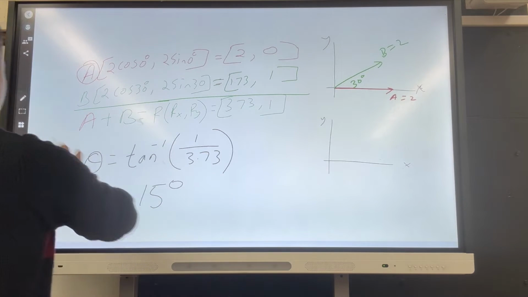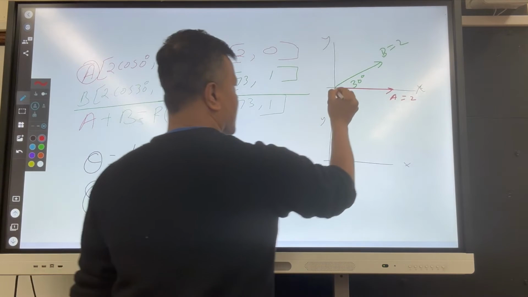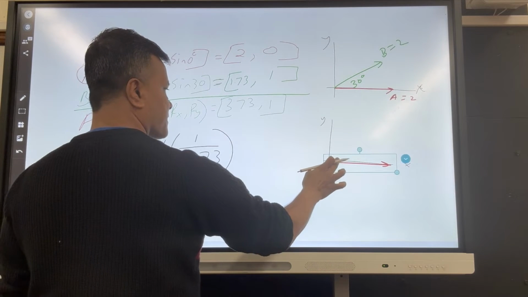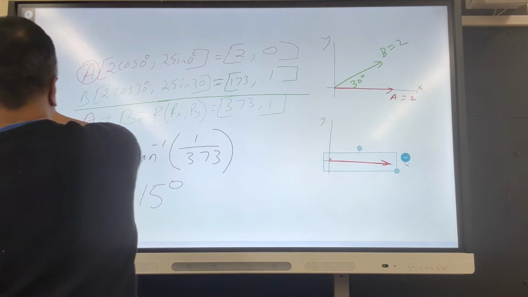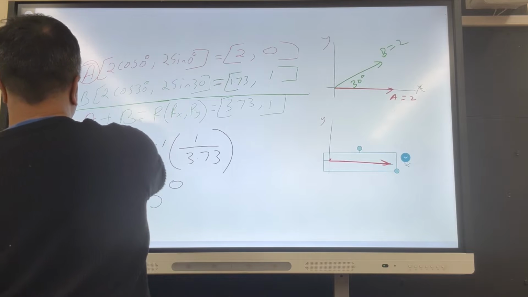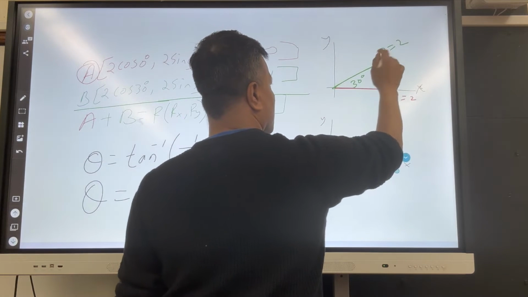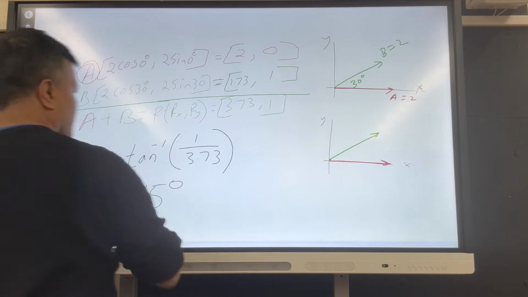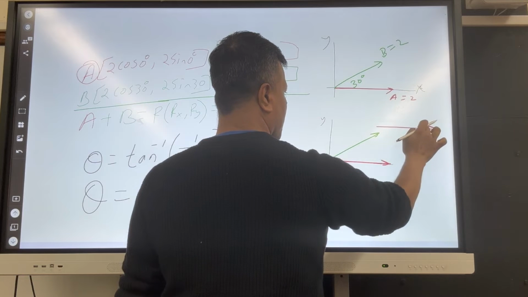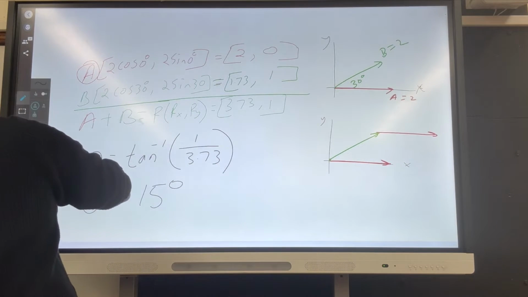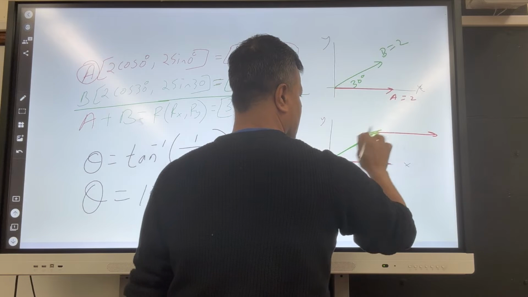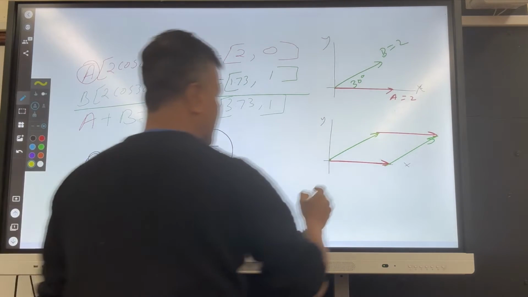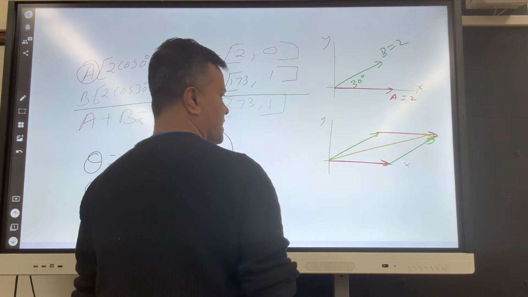Okay, you can find it a different way. Parallelogram. The resultant cuts the parallelogram in half.